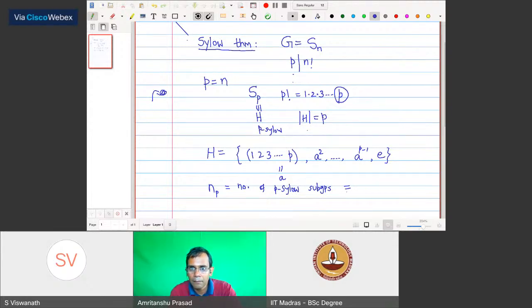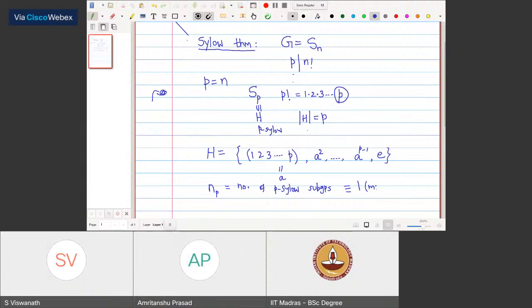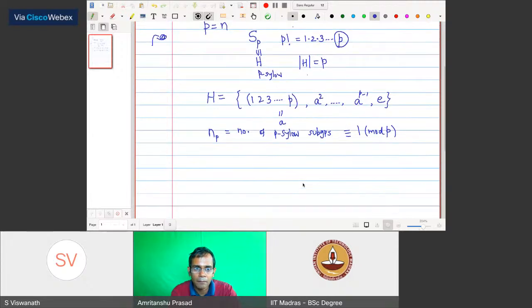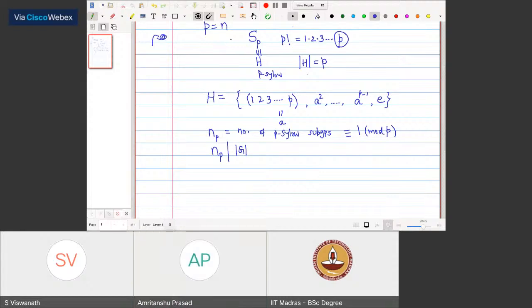The third Sylow theorem tells us two things about it. Firstly, it's congruent to 1 mod p, and secondly, it divides the cardinality of the group. In this case, the big group G is just S_p.